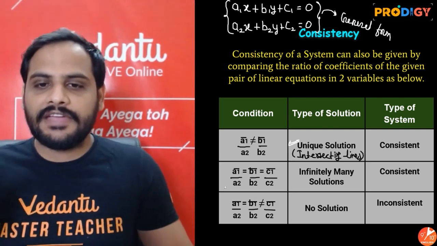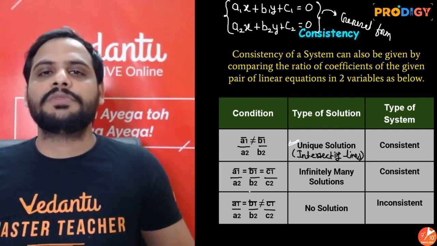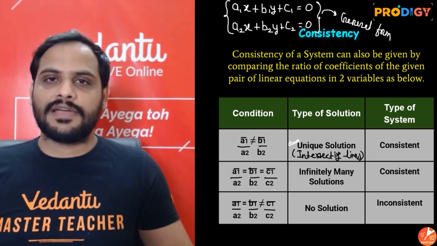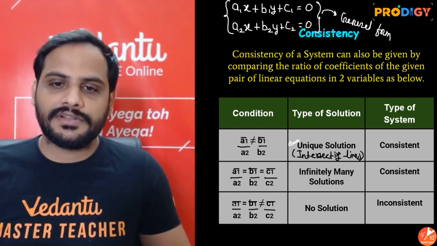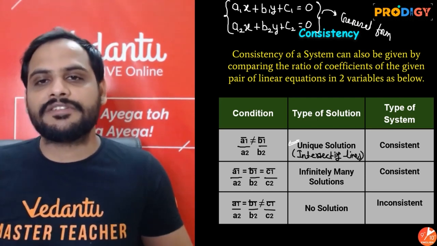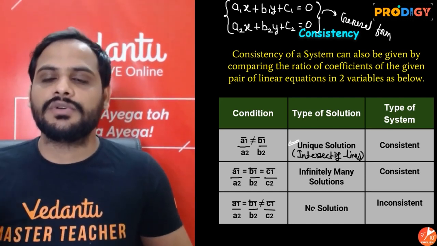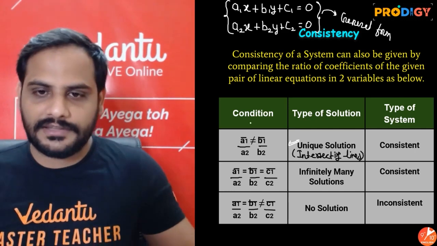If A1 by A2 is equal to B1 by B2 is equal to C1 by C2, all three equal to each other, that will be infinitely many solutions. And if A1 by A2 is equal to B1 by B2 is not equal to C1 by C2, it is the case of no solution. Okay? These are the three cases.